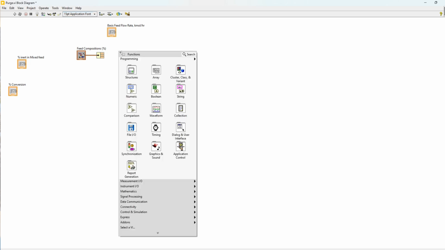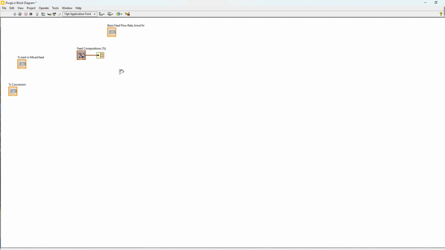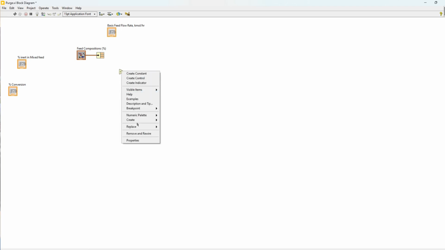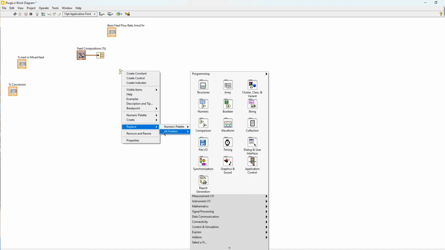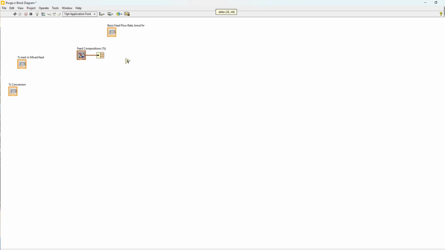So I'll multiply here. This is the feed, and this is the percentage composition.